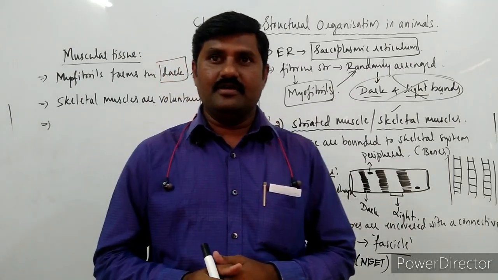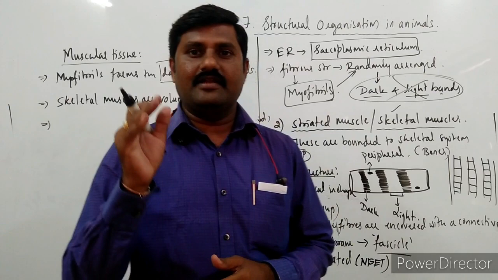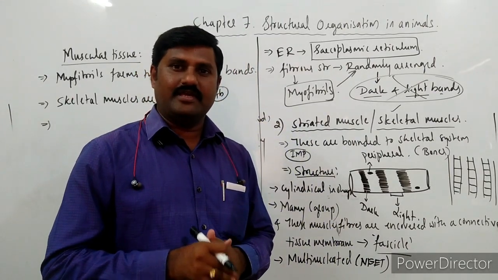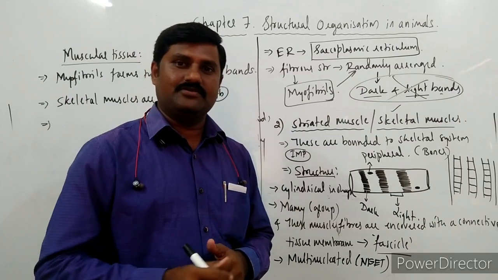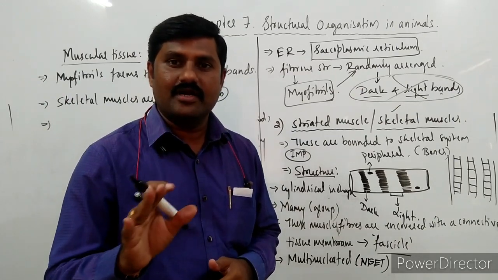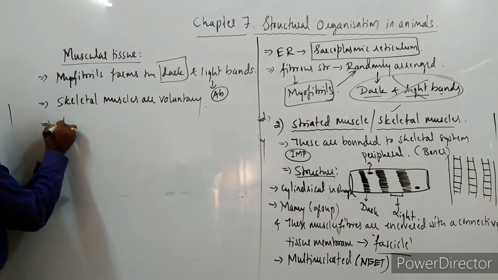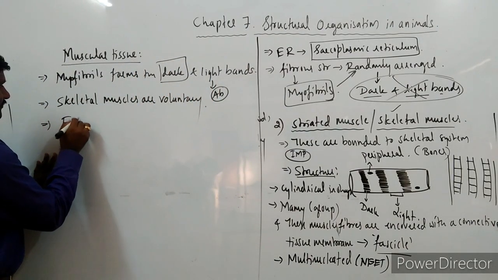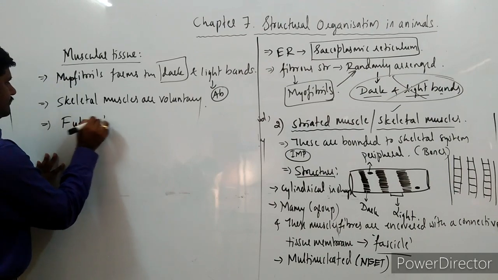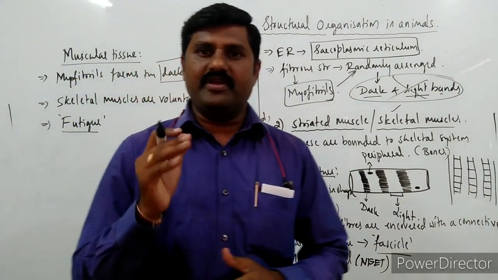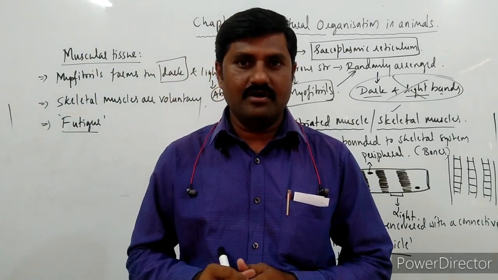But the previous one, that is the smooth muscles, are of course working continuously, very slowly, but they do not undergo fatigue. That point is to be noted over here. These undergo fatigue, but the previous one does not undergo fatigue.